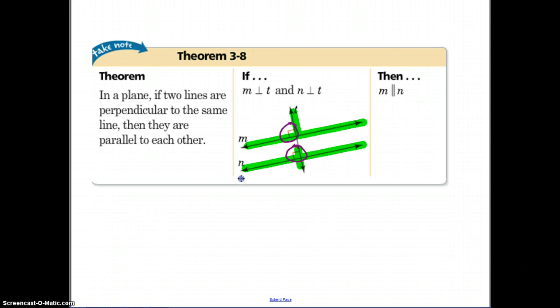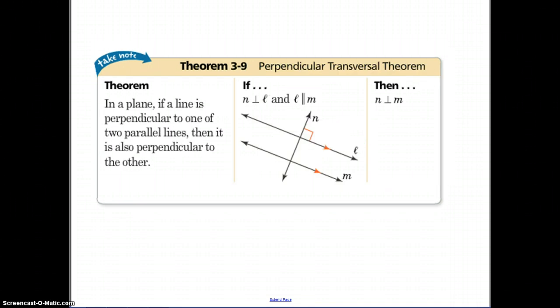I have two right angles. Then my lines are parallel. So this is very similar to your corresponding angles postulate converse, except now it's dealing with perpendicular lines, knowing that these have to be 90-degree angles.